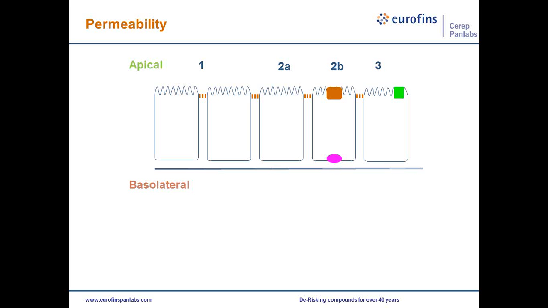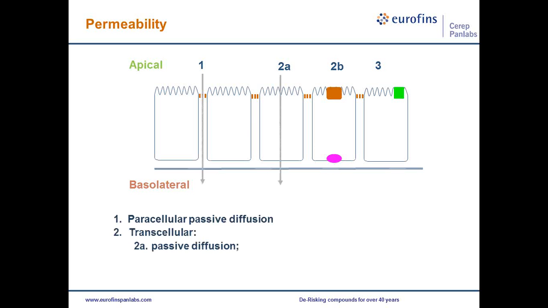Okay, so first is permeability. Permeability describes compounds moving from one side of the membrane to the other side. A drug can pass through the membrane through paracellular passive diffusion, or transcellularly via passive diffusion, or transporter-mediated permeation. Here, the brown is an uptake transporter, and the pink is an efflux transporter.